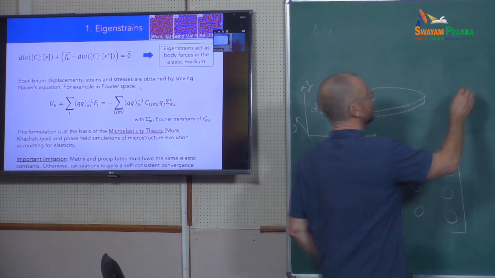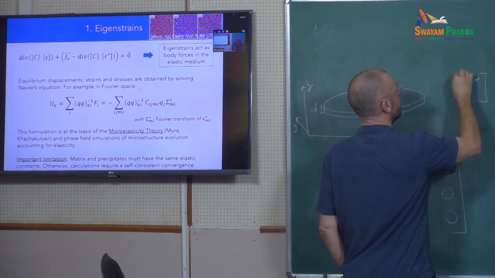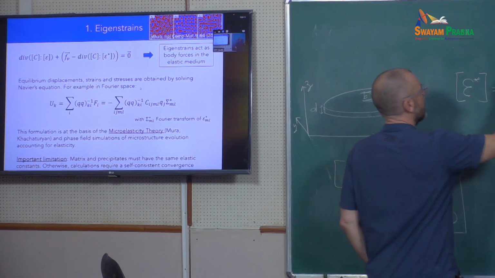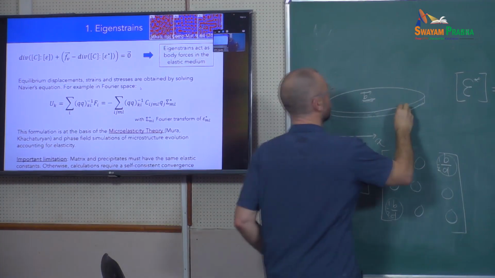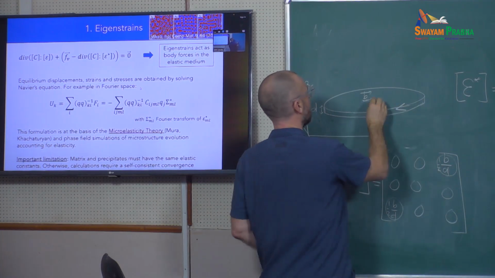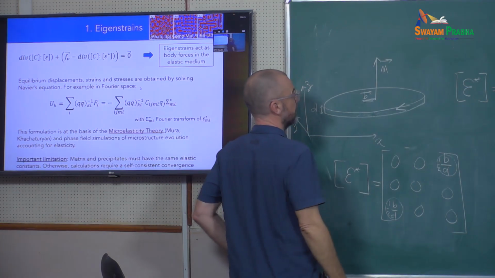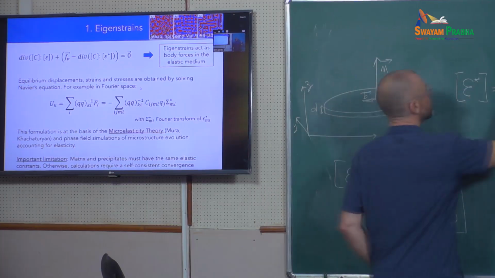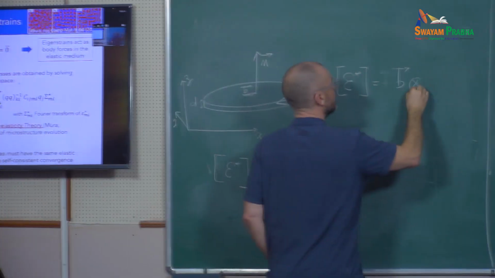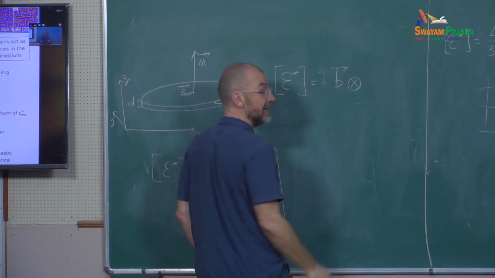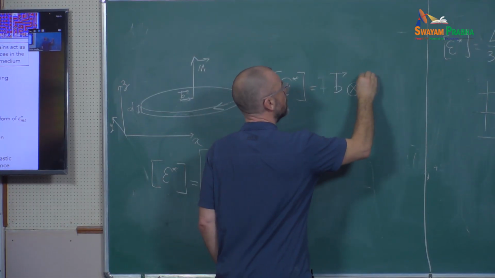In a very general sense, you can rewrite the eigenstrain of a dislocation as follows. If I'm turning in this direction, I have a normal n, and I can rewrite the eigenstrain as B, and then there's the, I never know how to call it in French, dyadic product, you say? Dyadic product with the normal.